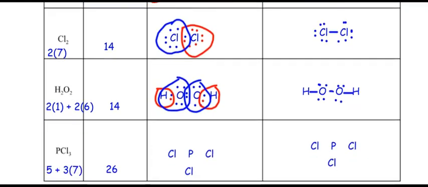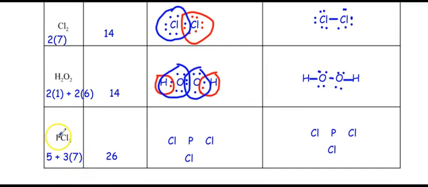All right, welcome back. So phosphorus has 5, chlorine has 7, and there's 3 chlorines. When I add 5 plus 21 makes 26. So here's my phosphorus, and it has 5 valence electrons. Again, I do that so that I put my singleton electrons where my bonds are going to be.